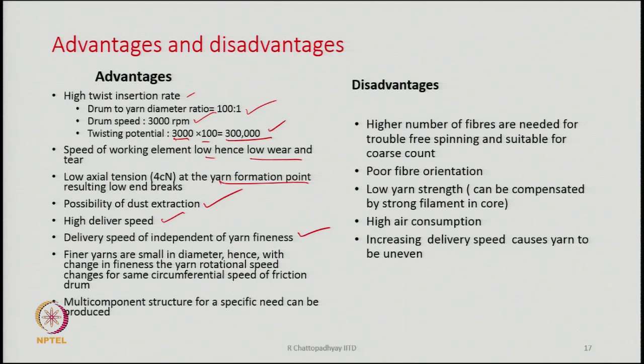Finer yarns are smaller in diameter, hence with change in fineness the yarn rotational speed changes for same circumferential speed of the friction drum. Otherwise, in the case of ring spinning, if we want to go from coarser to finer count, then we know that the twist is going to change, and therefore, we have to again change the delivery speed in order to adjust the twist, but this is something which is not required here.